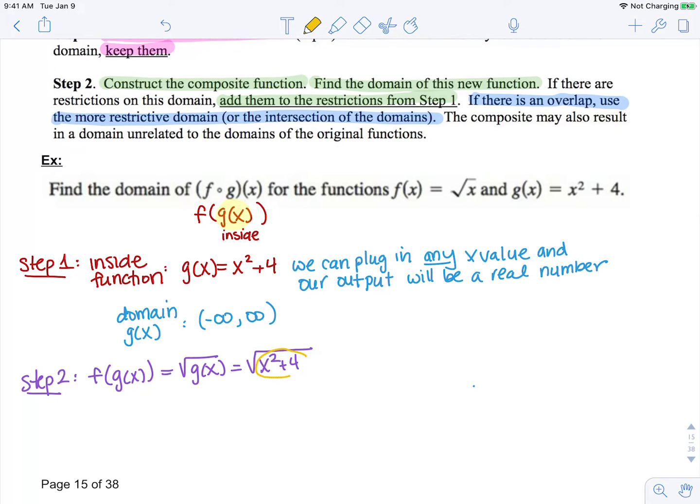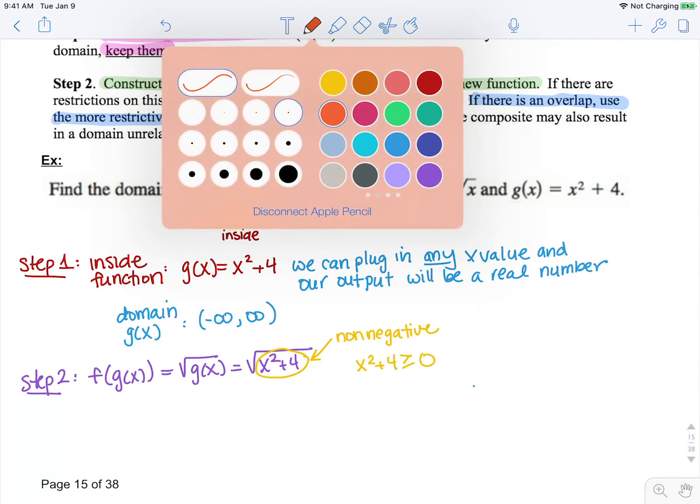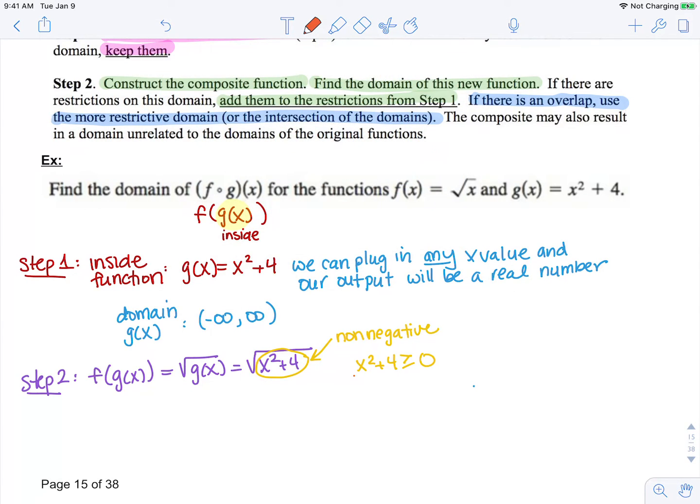Well, since we have a square root, what's inside our square root must be non-negative in order to get a real number. So that tells us that x squared plus 4 must be greater than or equal to 0. Well, x squared plus 4 is always positive, no matter what we plug in.